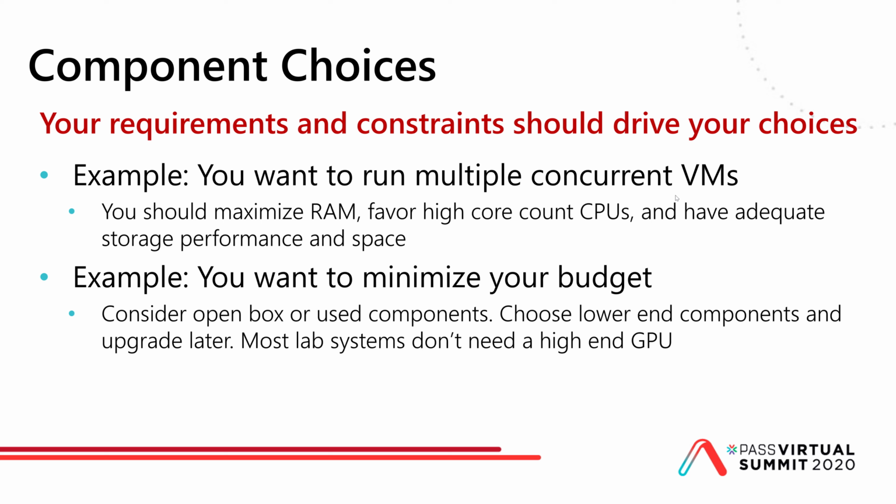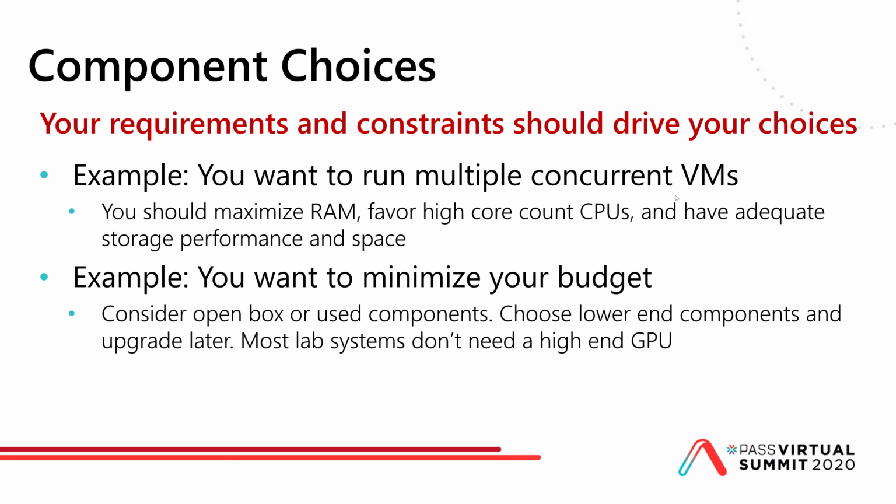Now, if you want to minimize your budget, build a system for the least amount possible, think about finding open box specials or used components, and thinking about making some trade-offs with lower-end components. So maybe you decide to use a SATA SSD instead of an M.2, or even a hard drive instead of an SSD, and possibly upgrade later.